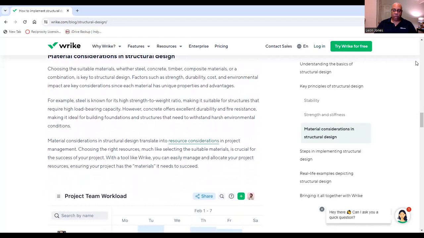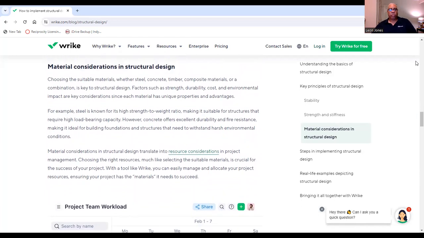And finally, we deal with material constructions and structural design. So choosing the suitable materials, whether steel, concrete, timber, composite materials, or a combination, is key to structural design. Basically, factors such as strength, durability, cost, and environmental impact are key considerations since each material has unique properties and advantages.